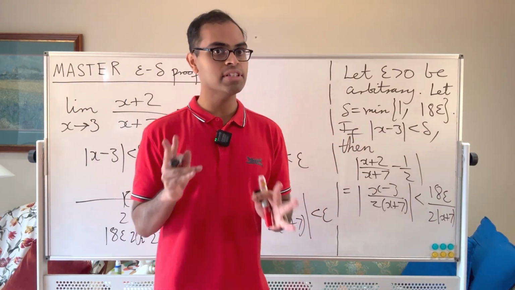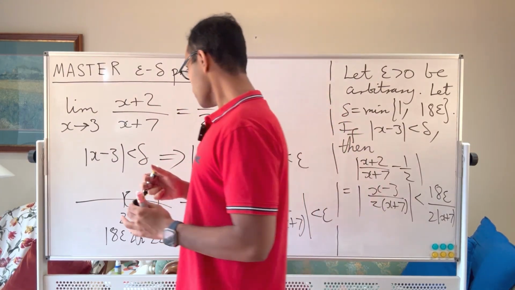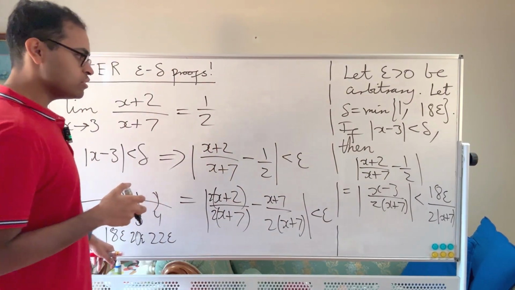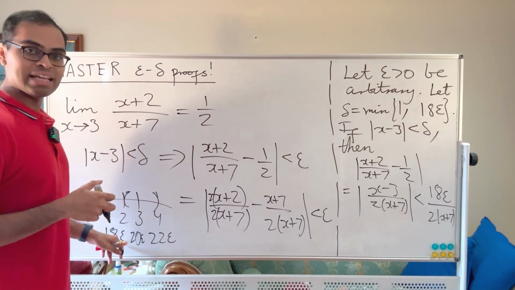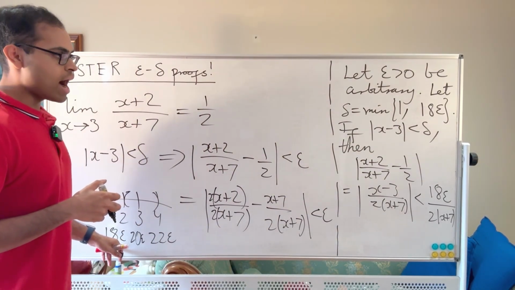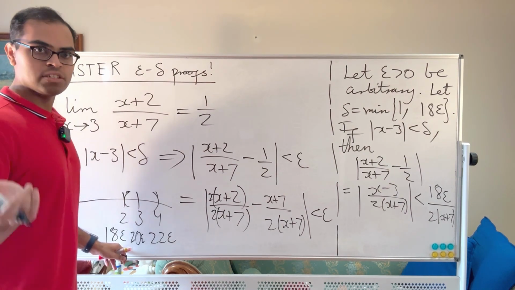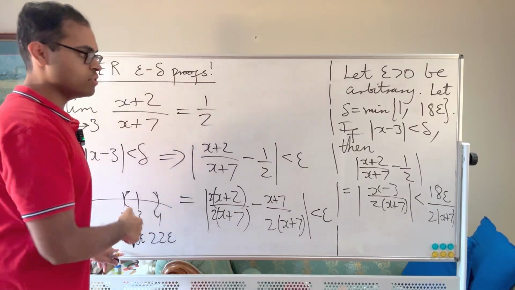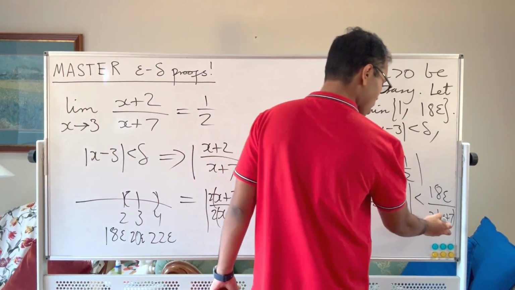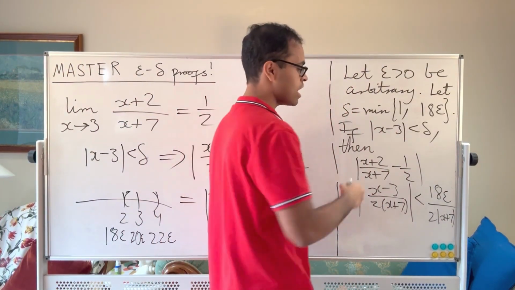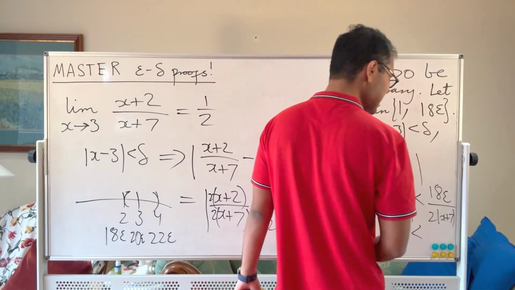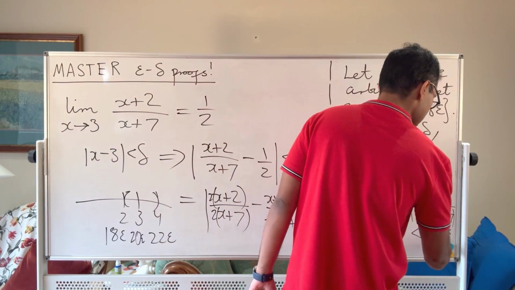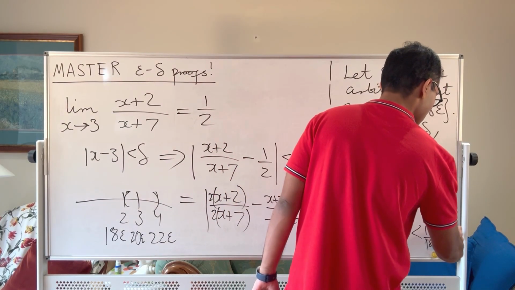So the smallest value that 2 times x plus 7 could be is actually 18, because if x is 2, then we get 2 plus 7 is 9, and 9 times 2 is 18. So the denominator is greater than 18, which means if you take the reciprocal, you get a less than sign. It's going to be less than 18 epsilon over 18, which equals epsilon.